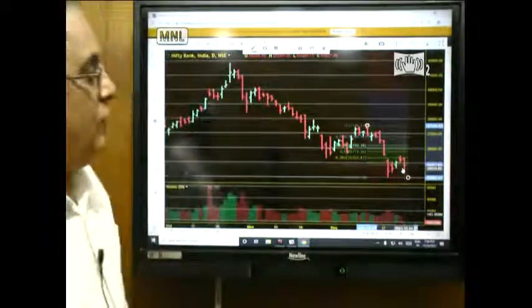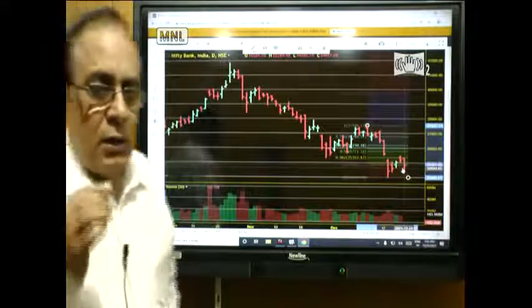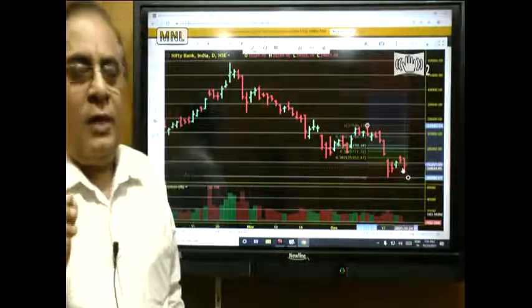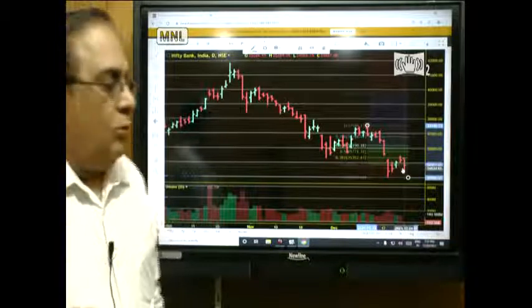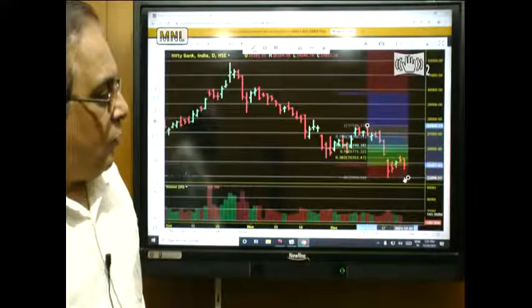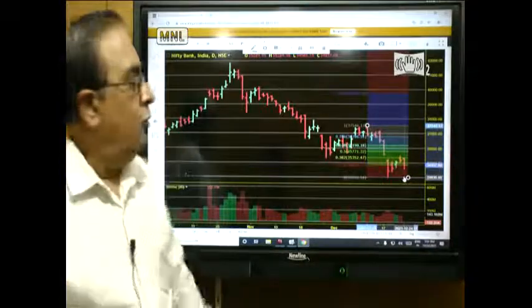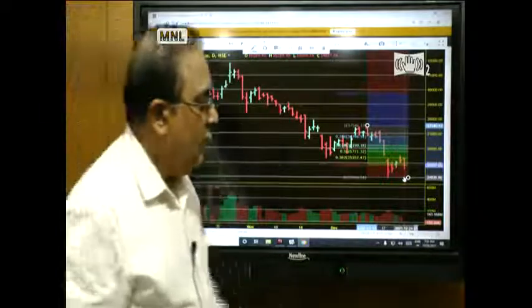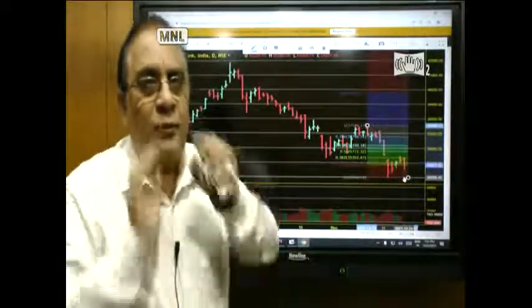So how do we confirm this from the bar chart? We have already said: lower tops, lower bottoms, and higher tops and higher bottoms. Now assuming that this day is the bottom, how will you confirm this is the bottom? We have found that this particular area can be one important support from the Fibonacci.